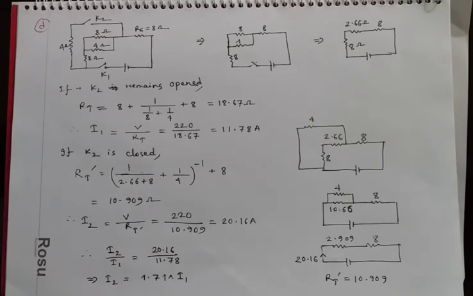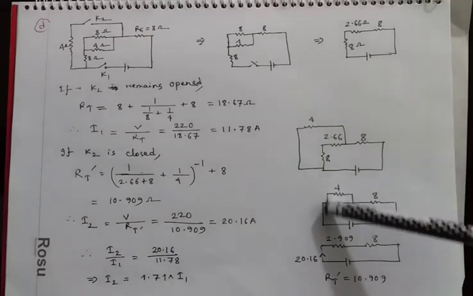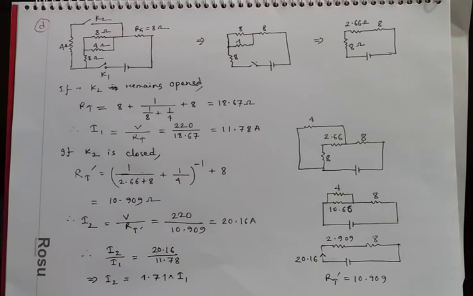And if we simplify the circuit in 2 or 3 stages, we will get the equivalent resistance 2.909 for this combination. And as the 8 ohm is in series with 2.909, after adding these 2 resistors, finally we get the total equivalent resistance of the circuit, 10.909.